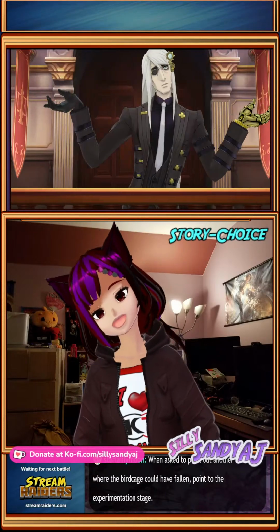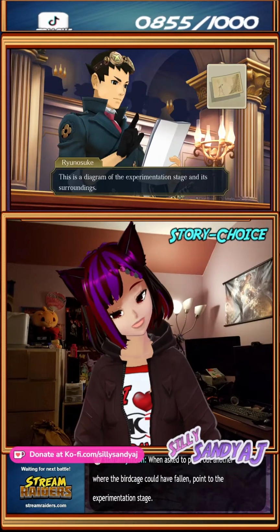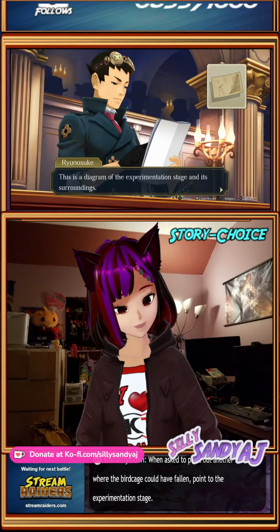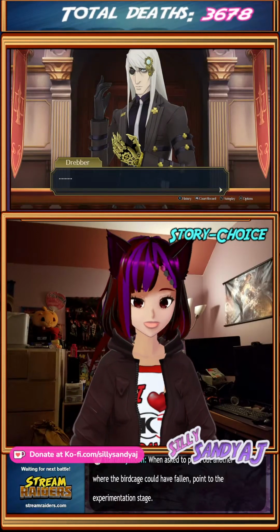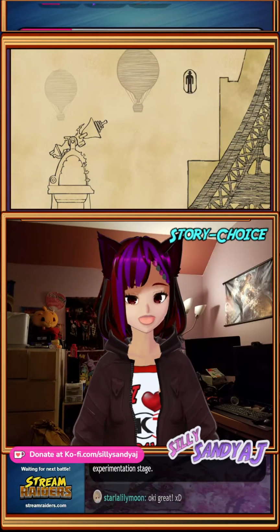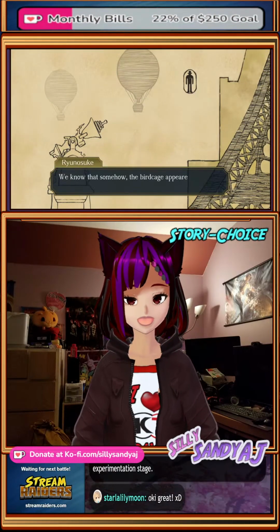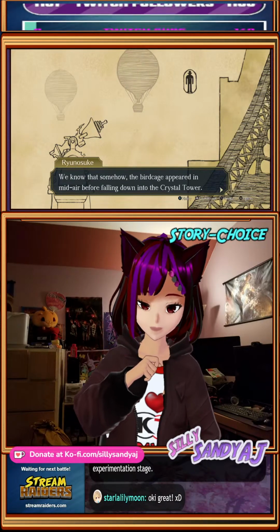Objection. This is a diagram of the experimentation stage and its surroundings. We know that somehow the birdcage appeared in midair before falling down into Crystal Tower.